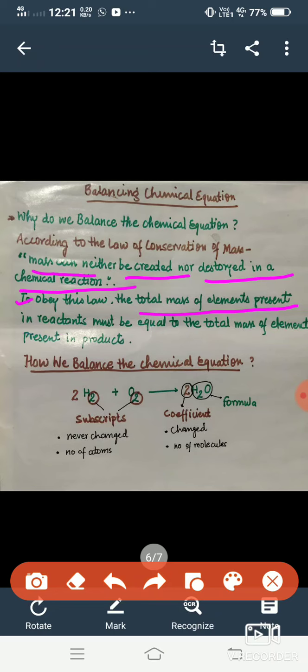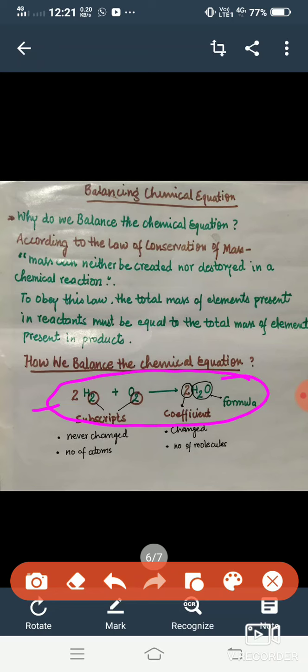Now how do we balance the chemical equation? Before starting to balance the chemical equation, we have to know some basic concepts about subscript and coefficient. Let's take an example here: hydrogen reacts with oxygen to form water.